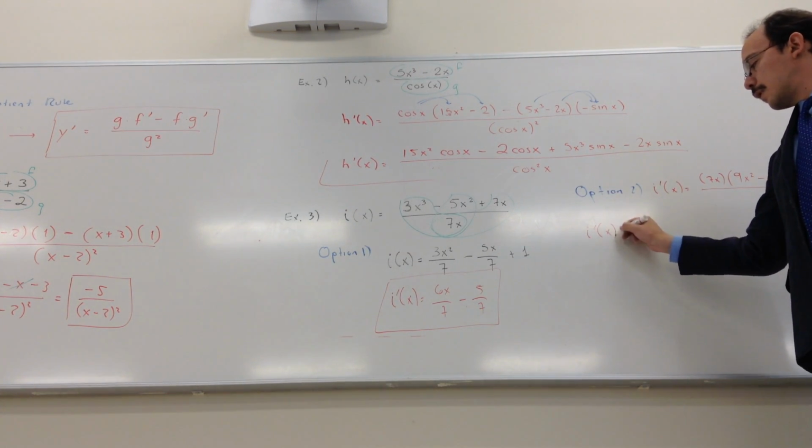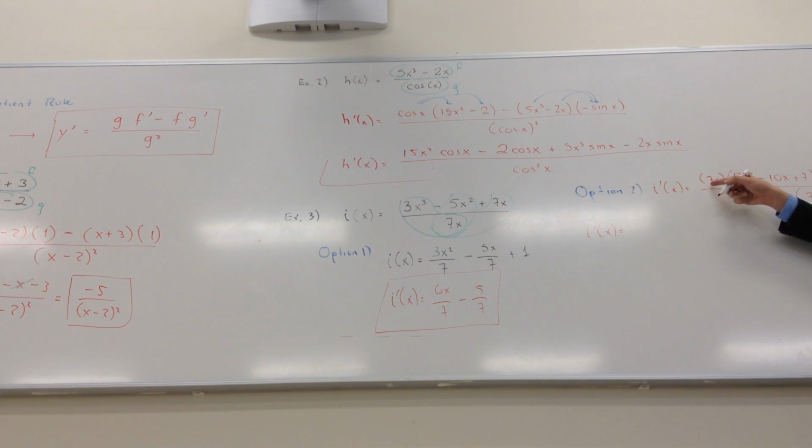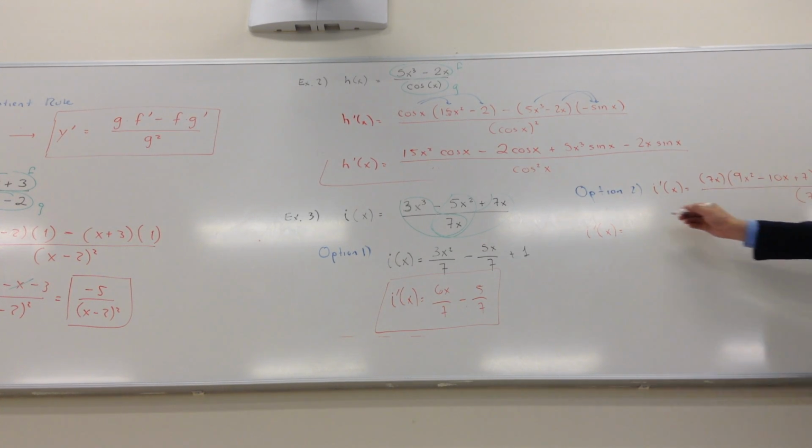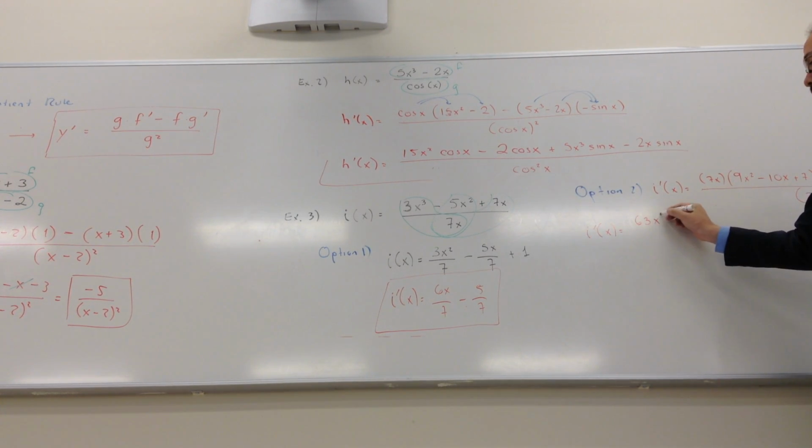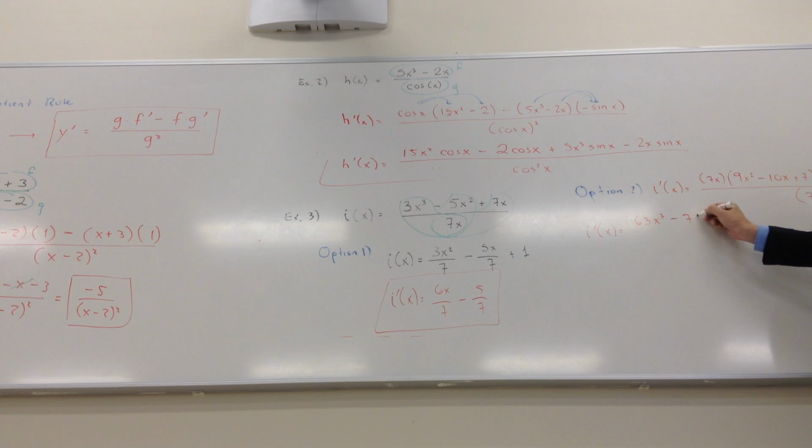So, yes, I know. 7x times 9x squared, 3x minus 7x squared plus 49, minus 41x plus 35x squared plus 49x over 49x squared.